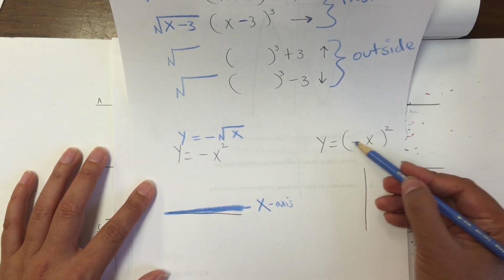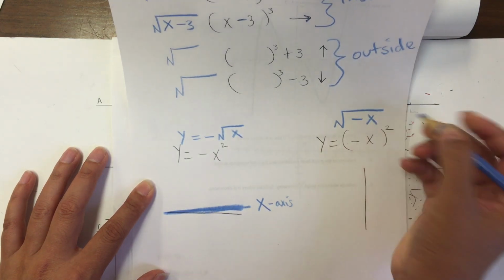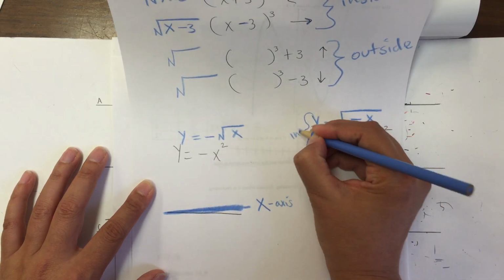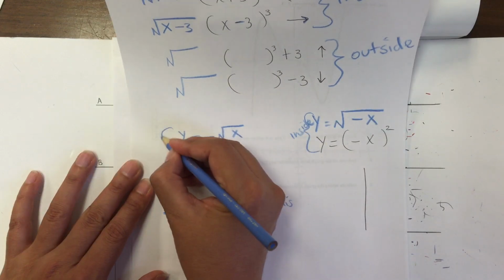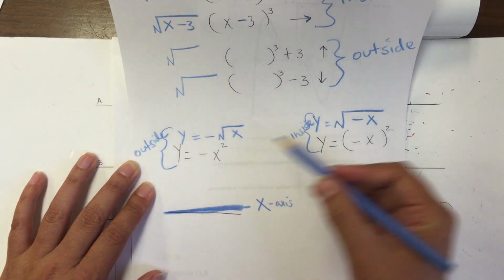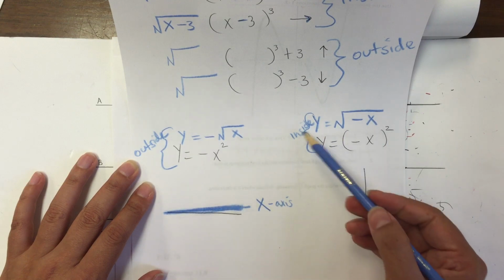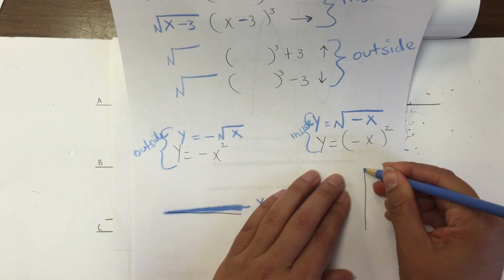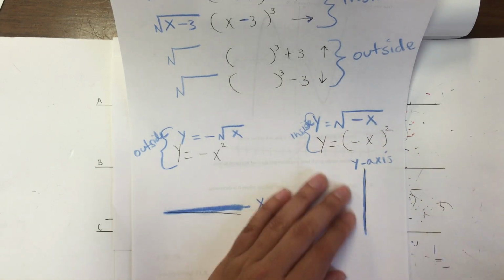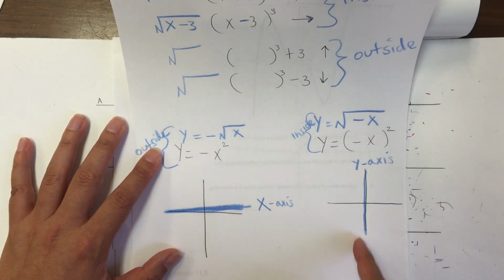But if the negative is inside of the parentheses or inside of the square root, okay, so inside, outside. So outside, your x axis is your mirror, so basically it goes down. Inside, your y axis is your mirror. Okay, your y axis is your mirror.